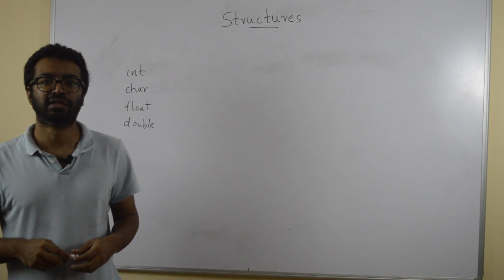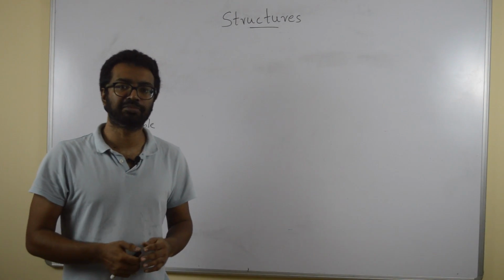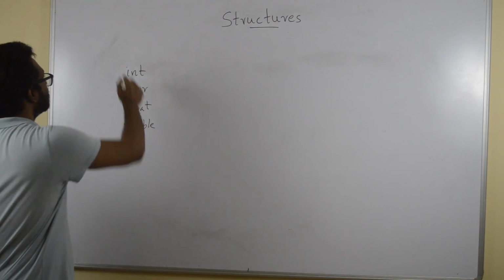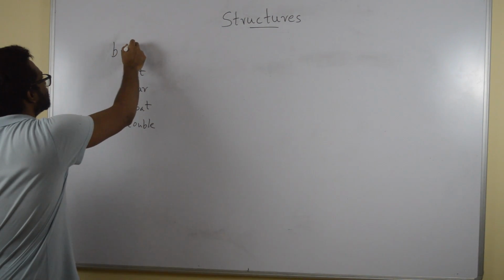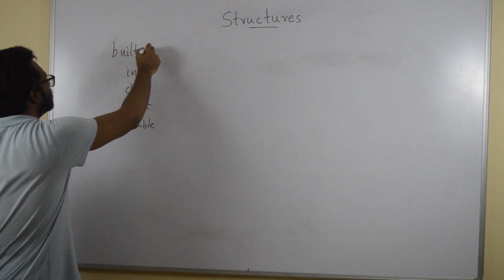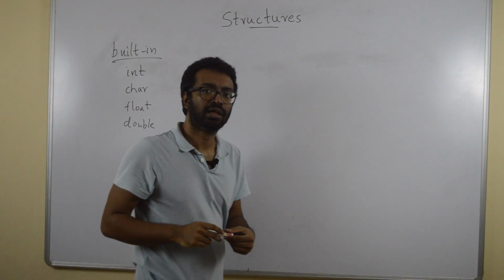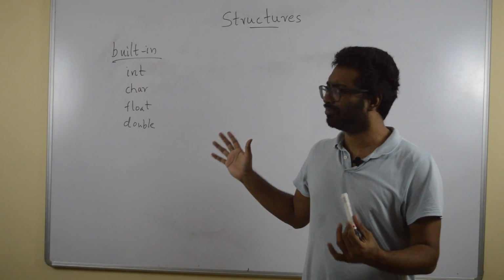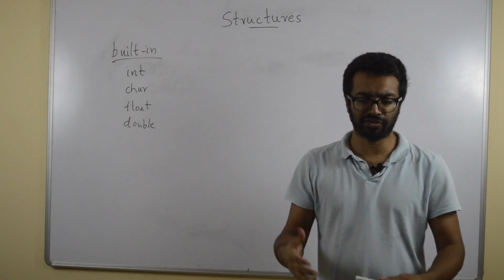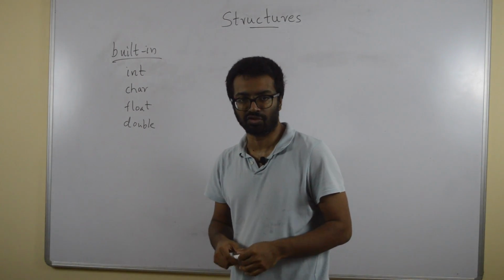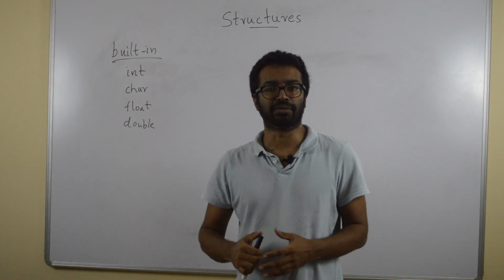These are built-in data types of C. So that means C provides you these kinds of data types: integers, character, float, double, etc.